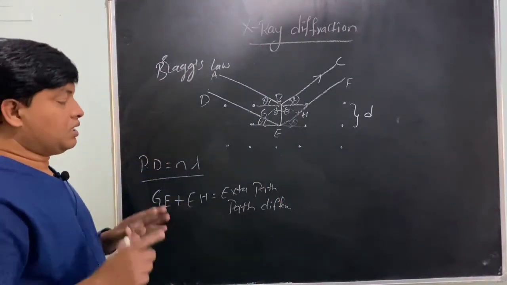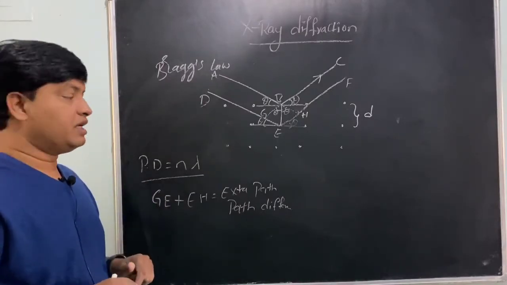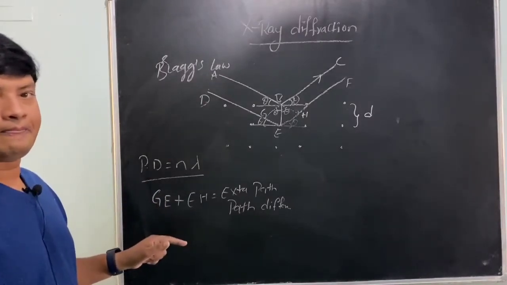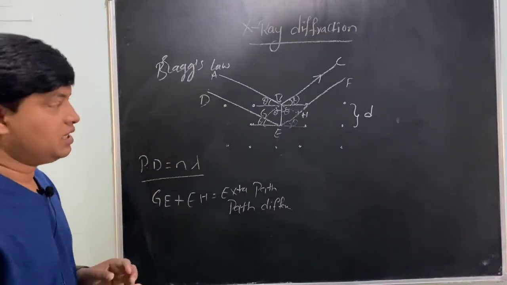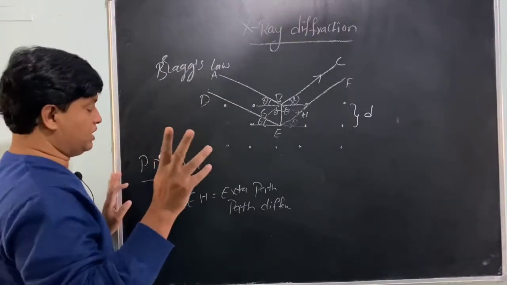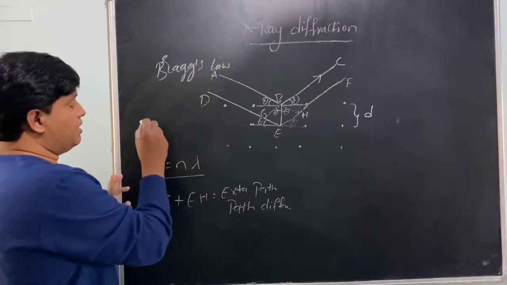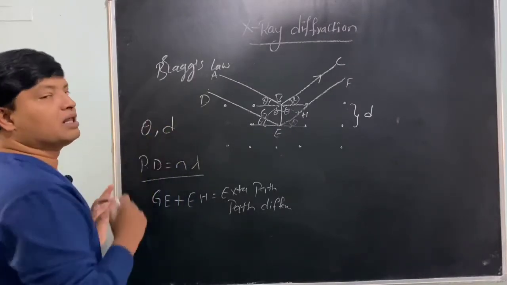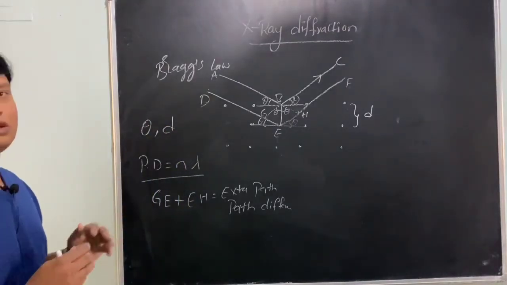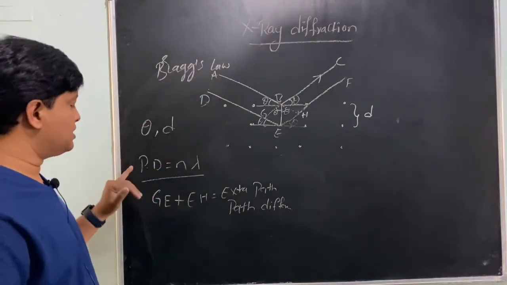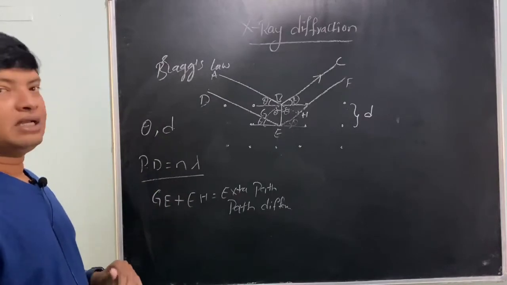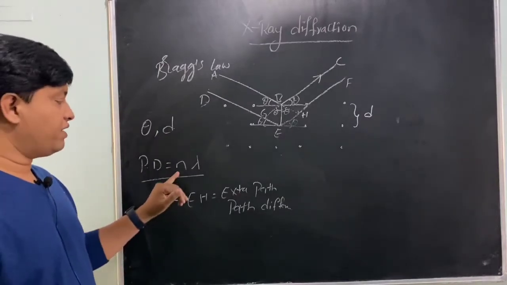Now come back. To analyze the crystal, you need to find two things: one is your angle theta, another is the path difference. You need to interrelate these two things, then only you can analyze this. That is done by Bragg's law. He says path difference is an integral multiple, n lambda.